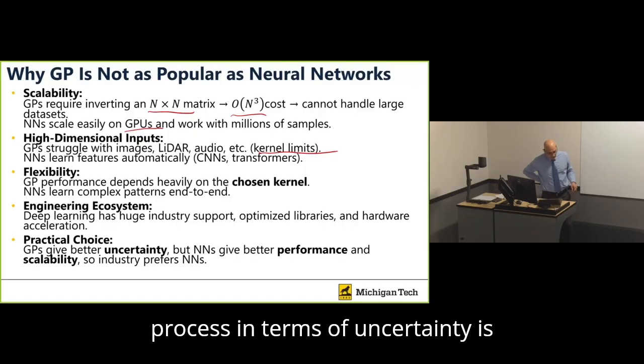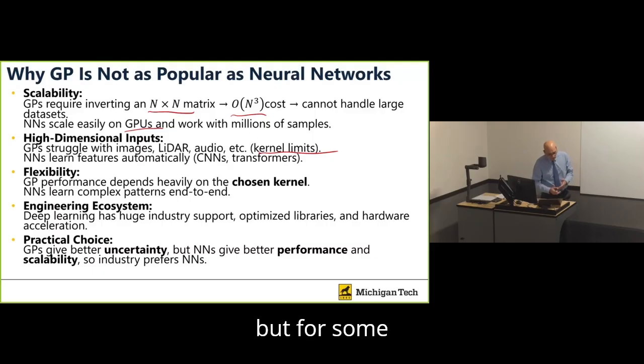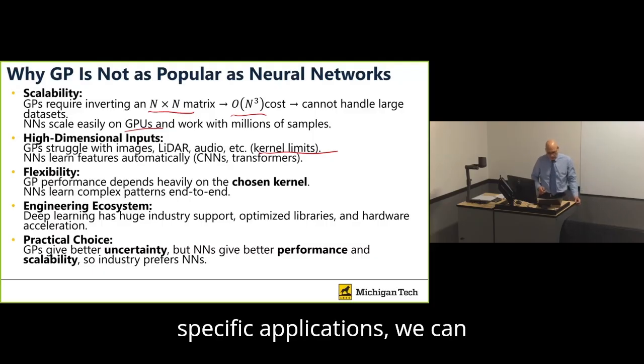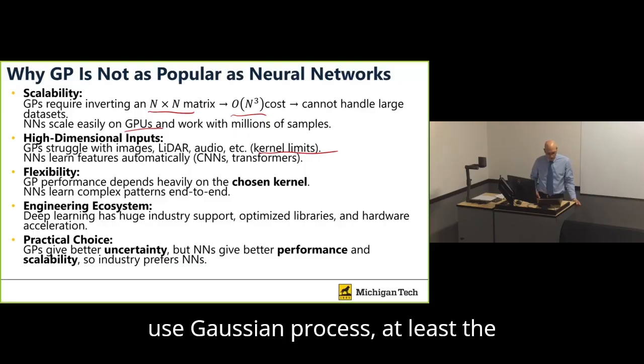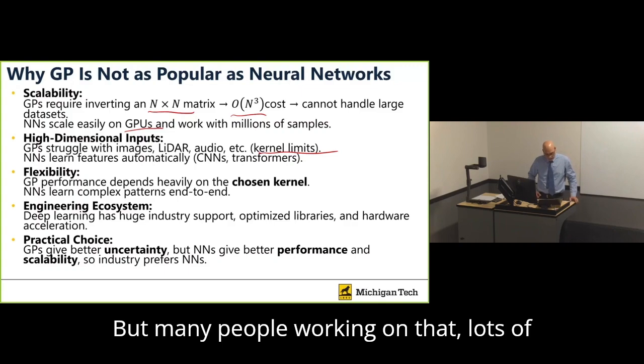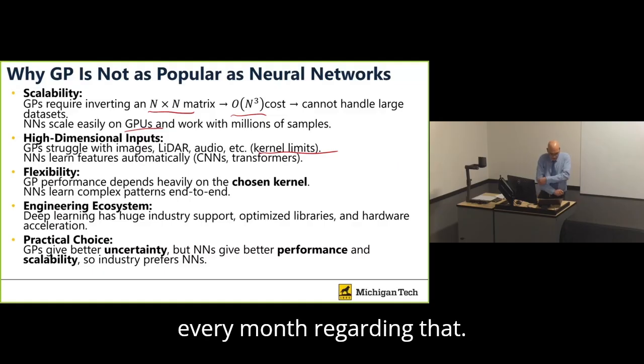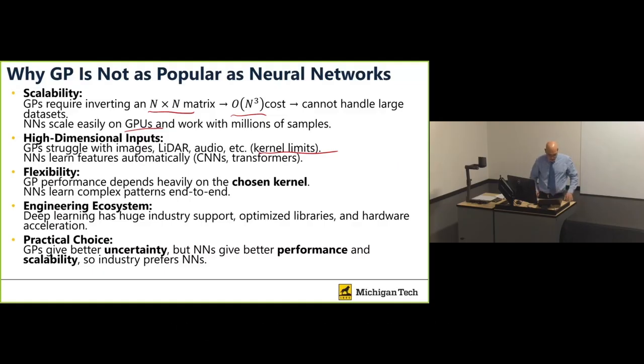Even though Gaussian process works better in terms of uncertainty and is explainable, for some specific applications we can use Gaussian process, at least the Gaussian process that exists right now. But many people are working on that, and lots of papers come out every month regarding it.